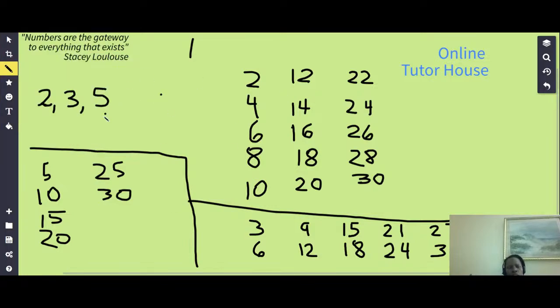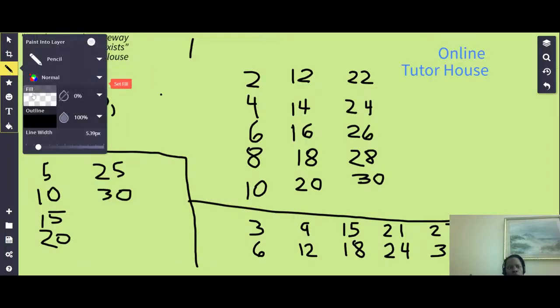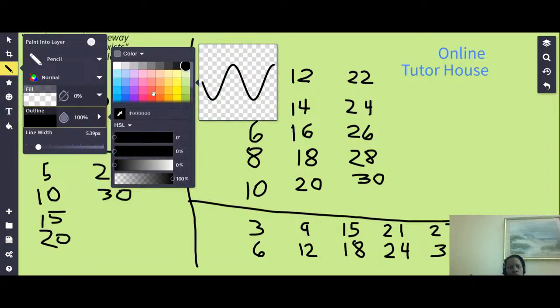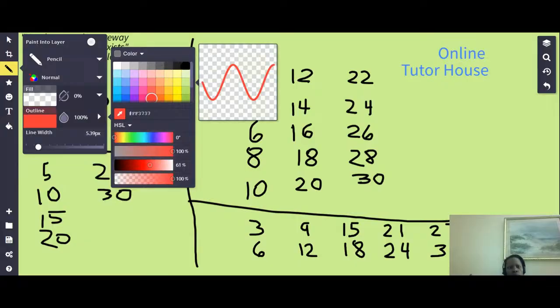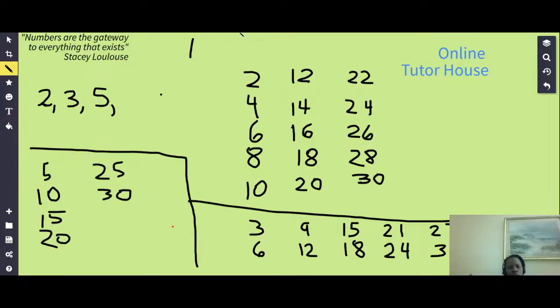And then if we discover another prime, I'm going to add it here. Okay. So let's say 1, 2, 3, 4. Oh, so sorry. Let me just restart. Okay.